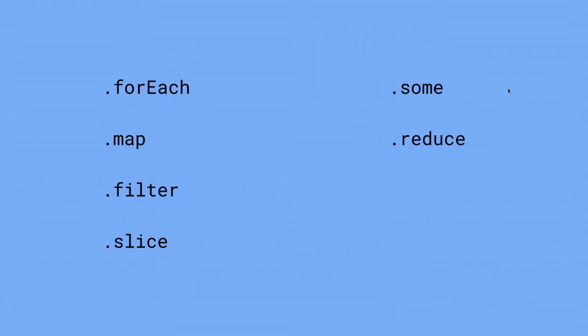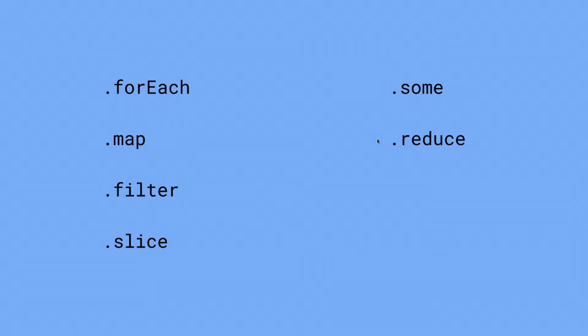So here are some non-destructive methods that are very useful in functional programming. Probably one of the most popular methods is forEach. In my opinion, forEach is great, but oftentimes you can replace it with one of these other methods. For example, .map, if you want a new array based on the old array. Or filter, which just takes out some of the elements. Slice, we've already looked at, we just get out a chunk of the array.